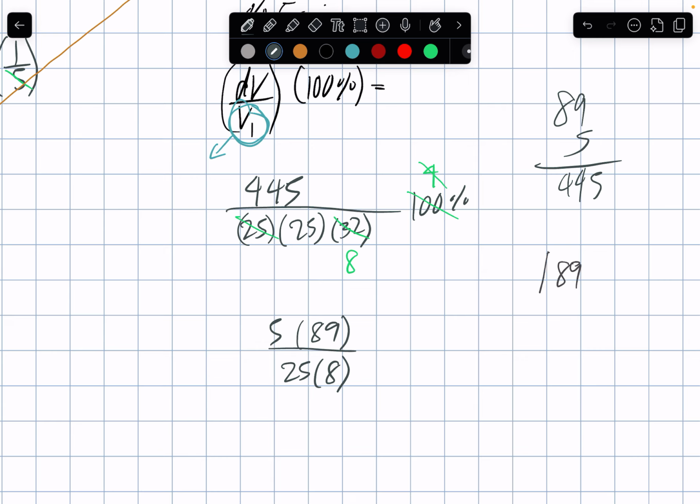How can we make 89 a smaller value? 2? Nope. Nope. Nope.